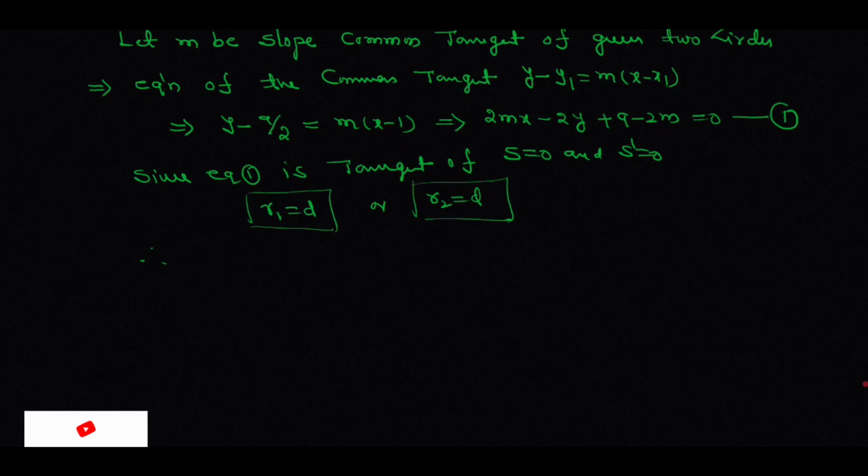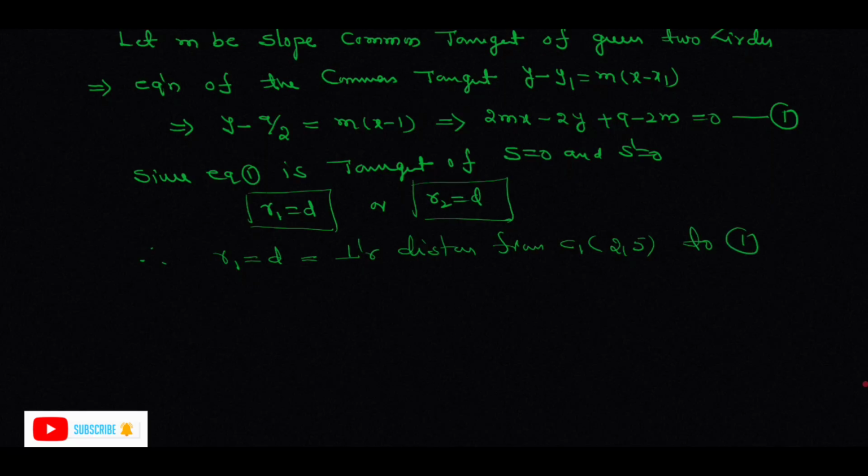So consider first R1 equal to d, where d is the perpendicular distance from the center of the first circle C1 (2, 5) to the tangent equation number 1.